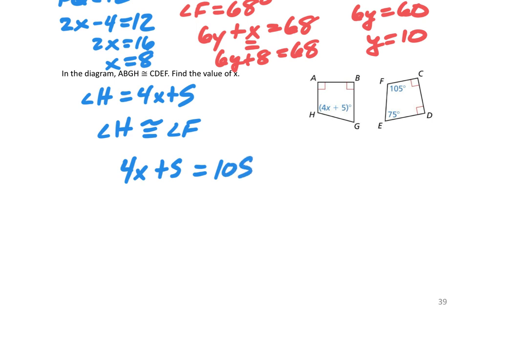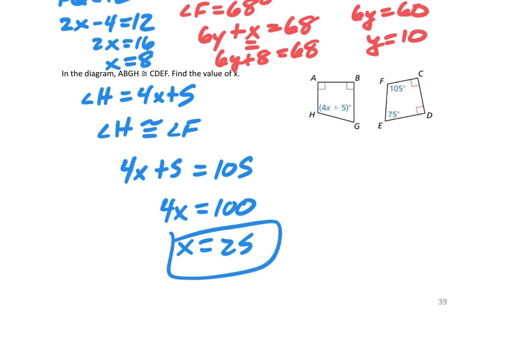And then we're going to subtract 5 and divide by 4. Okay. Once again, pay attention to the directions of what's going on. And if it says find the length of the side or find the angle measure or something like that, then we may have to plug it back in. Okay? But in a lot of cases today, we're going to be finding x and y.